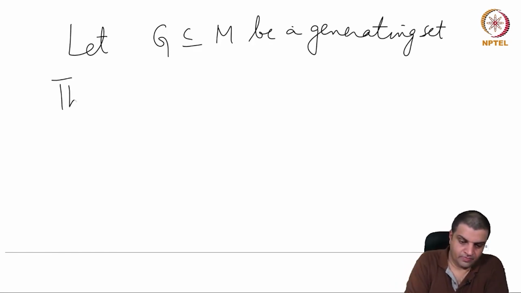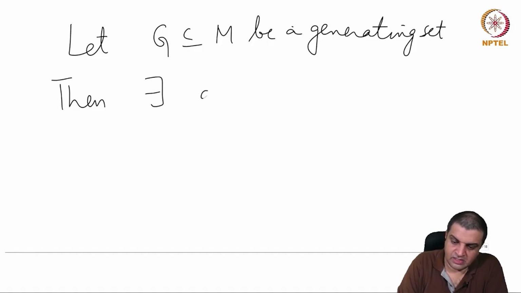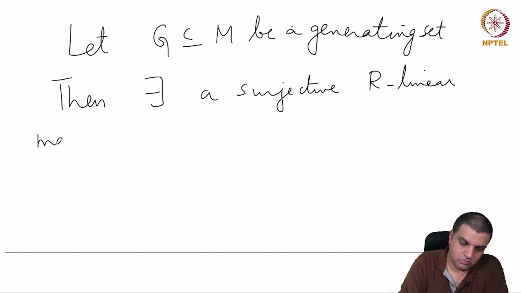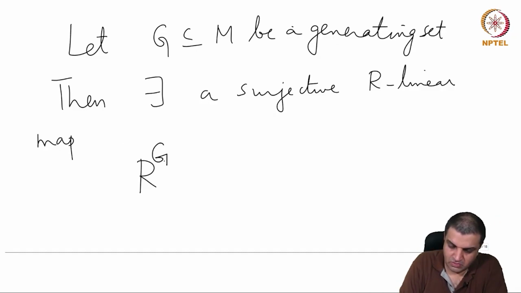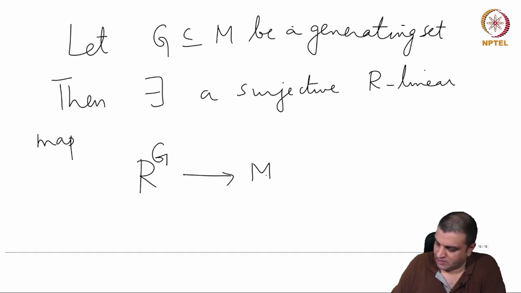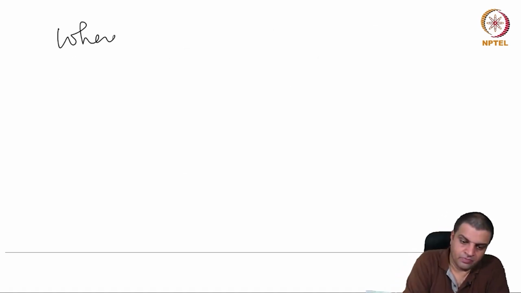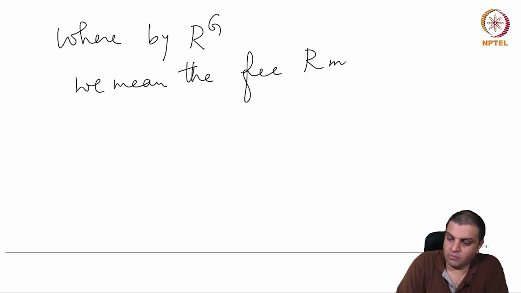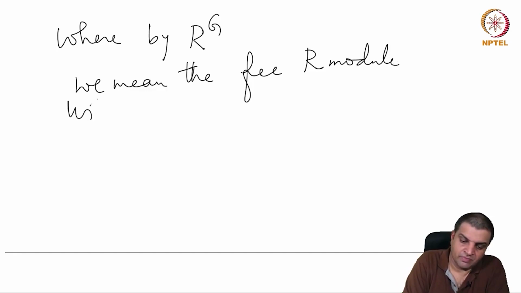Then there exists a surjective R linear map from the free R module, R^(G), to M, surjective R linear map, where by R^(G) we mean the free R module with basis G.